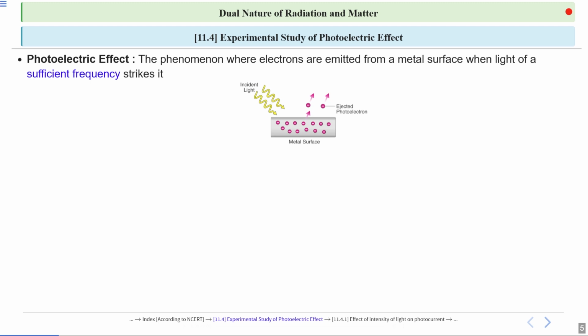Look at the figure, the light is incident on the metal surface and the electrons are ejected from the metal surface. Here the key idea is that not just any light will do, the frequency must be sufficient, which means the light must have enough energy to cause electrons to be released.